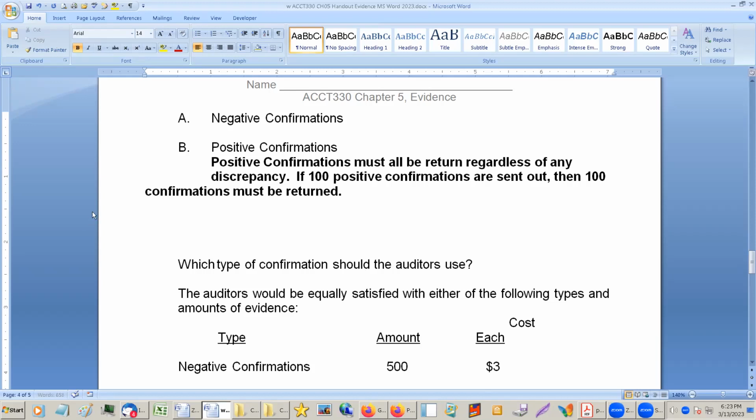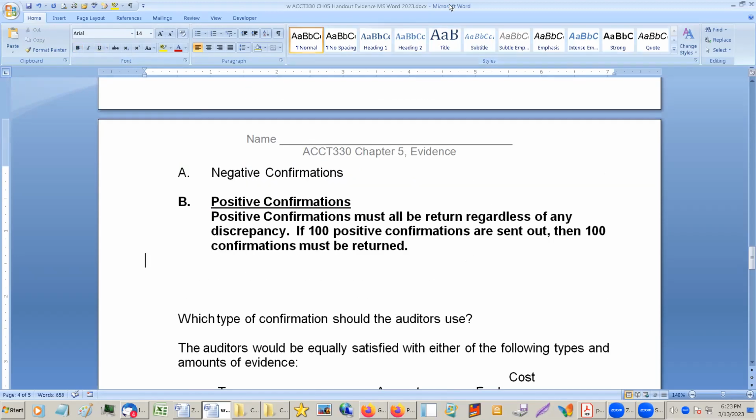These confirmations are simply letters that go out to the client's customers. Let's say we're auditing IBM. IBM has a bunch of customers and they have all these accounts receivable on the books.